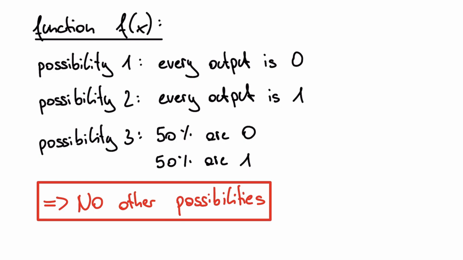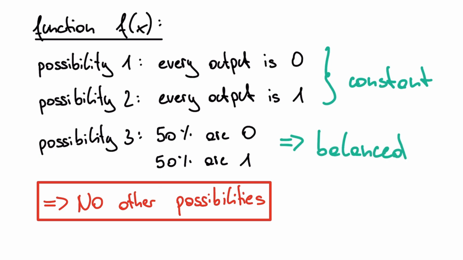Now to give names to these behaviors, if the output is always the same, whether it's always 0 or always 1, we will call the function constant. If the output is exactly 50% 0 and 50% 1, we call the function balanced.